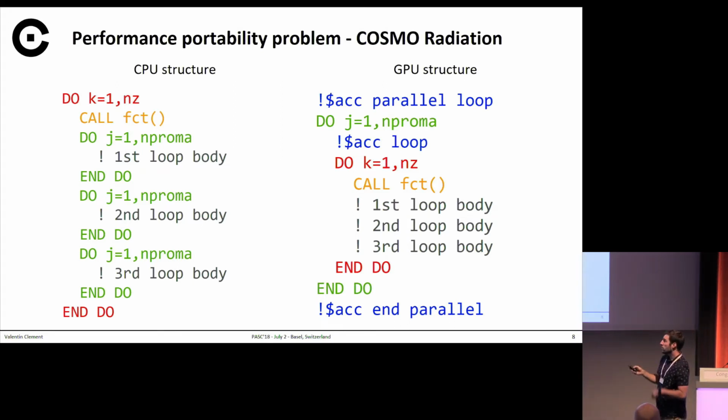But on the GPU, you want a different loop structure to expose more parallelism. You want to expose the horizontal iteration because it has more points than the vertical, so you can have more parallelism on this side. Then inside, you will have the vertical loops that in physical parameterizations carry dependencies, whereas the horizontal grid points don't carry any data dependencies.